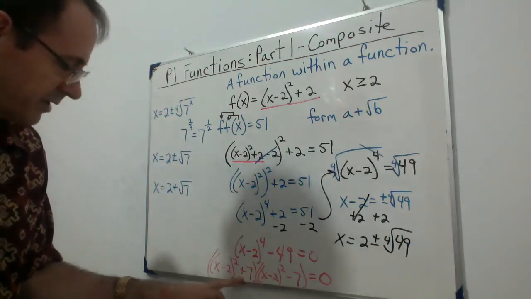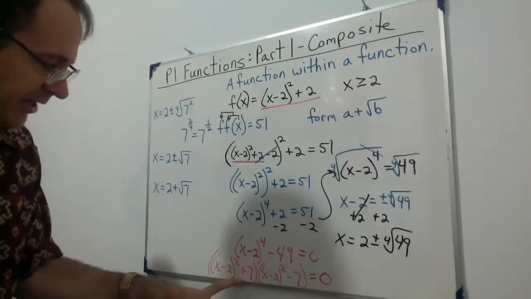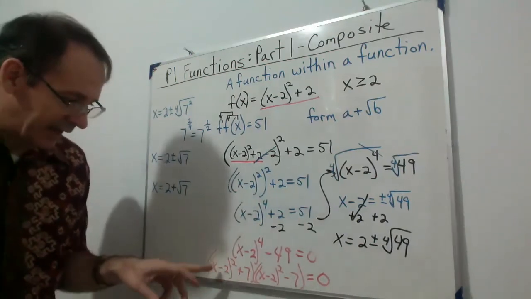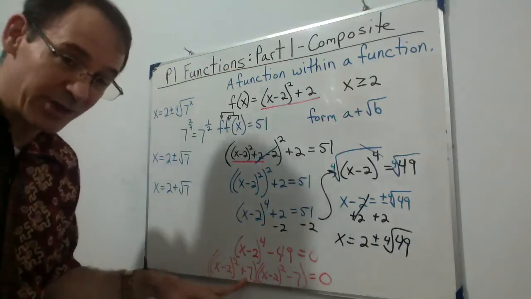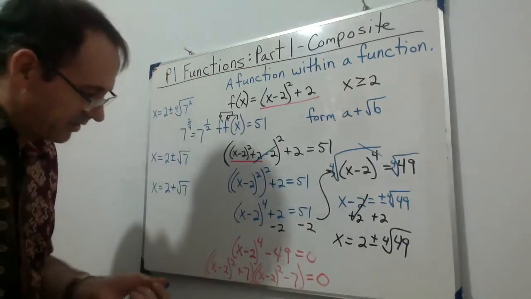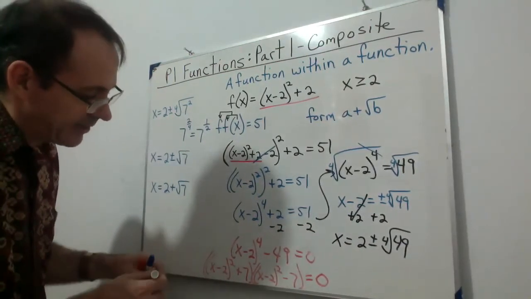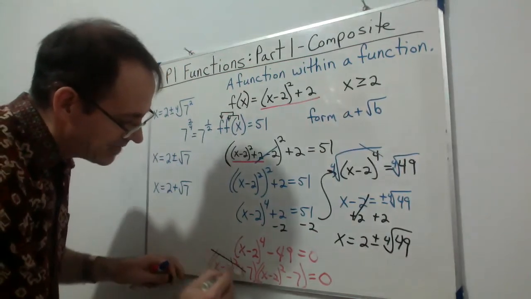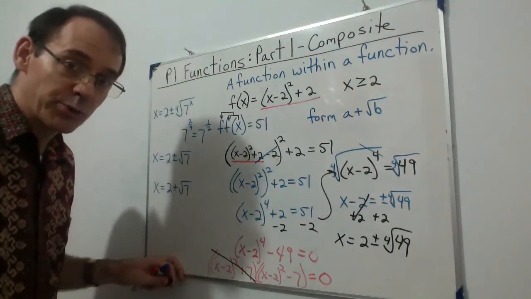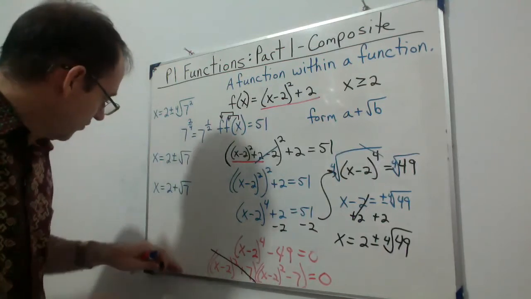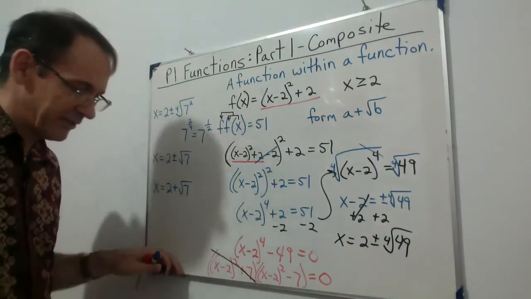That's where this comes from. You're going to have two imaginary answers here because you're going to have a square that equals a -7, and when you try to square root a -7, this part right here actually gives two imaginary answers. So what we ended up with are the two real answers. That's why we only got 2 instead of 4.